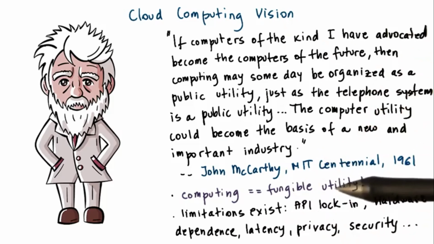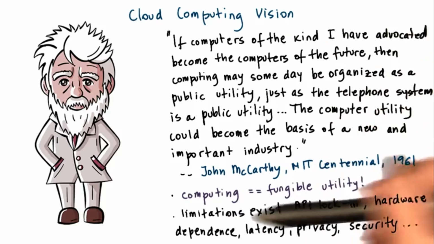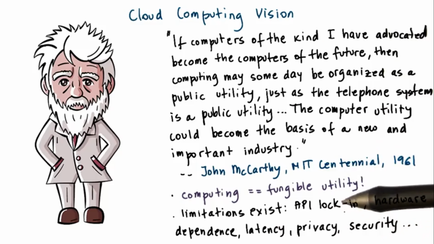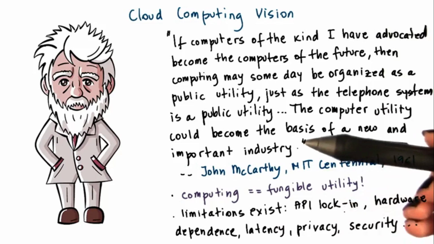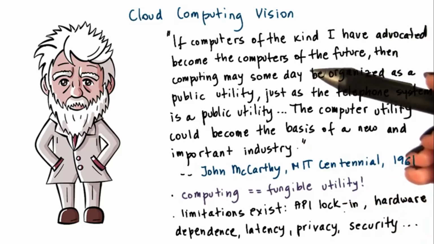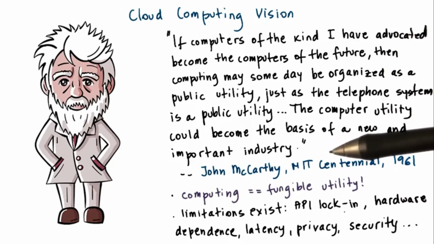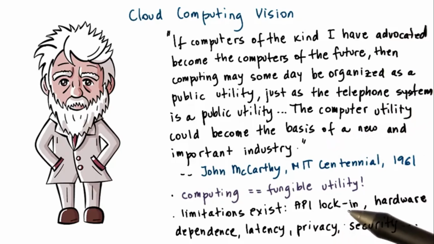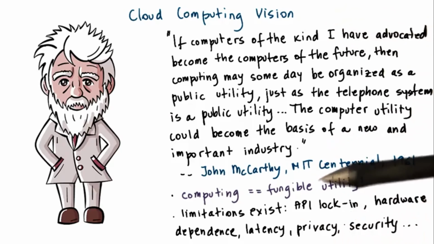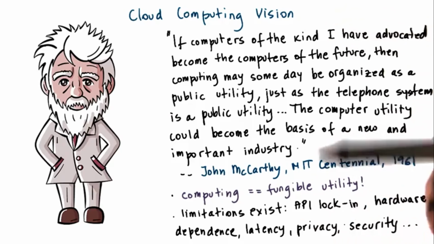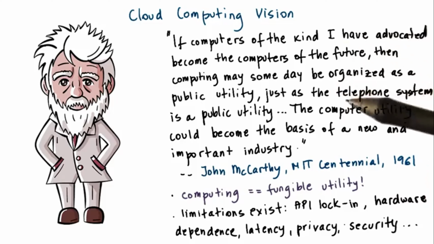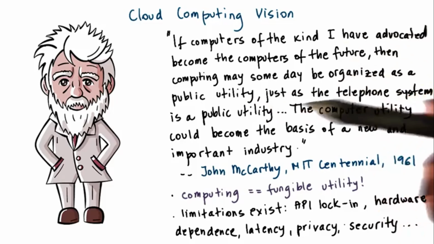For instance, even with virtualization, there are still some hardware dependencies that simply cannot be masked. So if software expects a certain type of hardware platform to execute, then we cannot just have it run on another type of resource. Then there is API lock-in, where if we're using a particular cloud provider, then we're expected to continue using those APIs. There isn't a uniform standard across cloud providers.